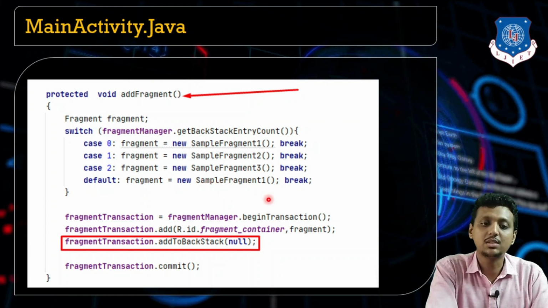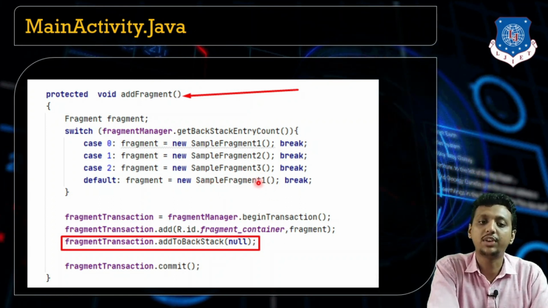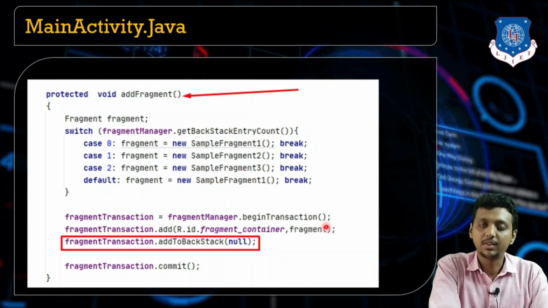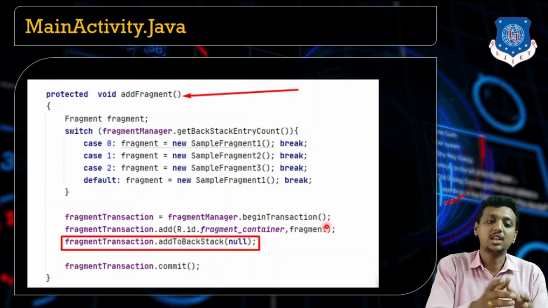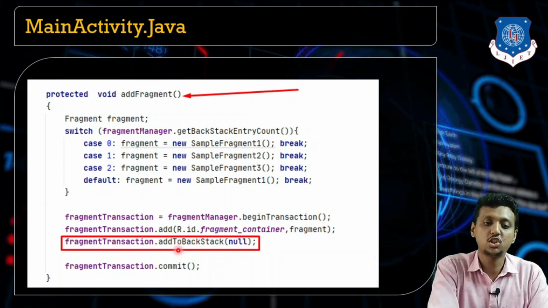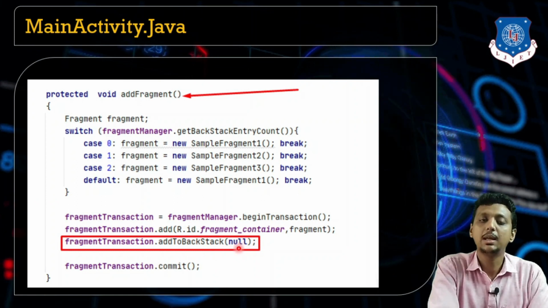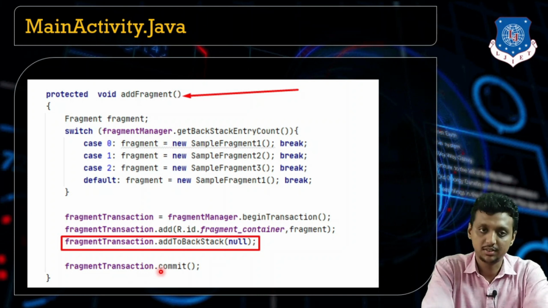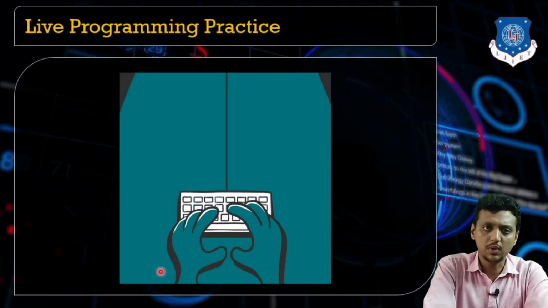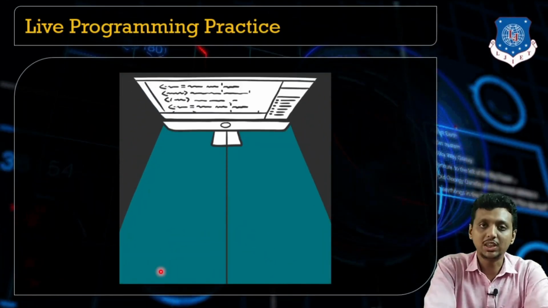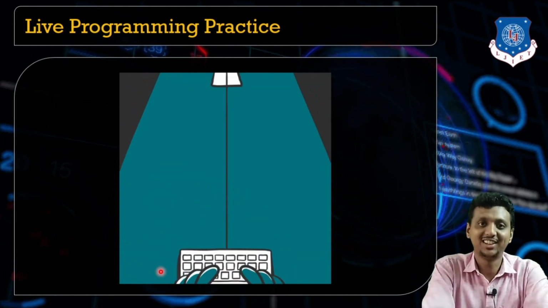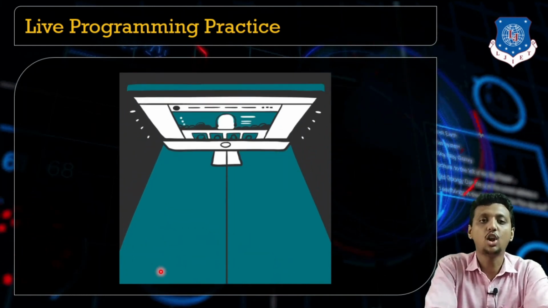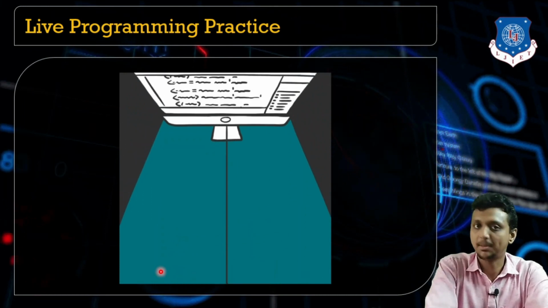Because in the default case we call the object of fragment 1, so it is added. Now to add the fragment to the backstack, you just need to call this method like fragmentTransaction.addToBackStack in the bracket null. Okay, and last, do not forget to commit. So how does this work? Let me show you with the usage of practical. So let's see the live practical of this add fragment and backstack methods.